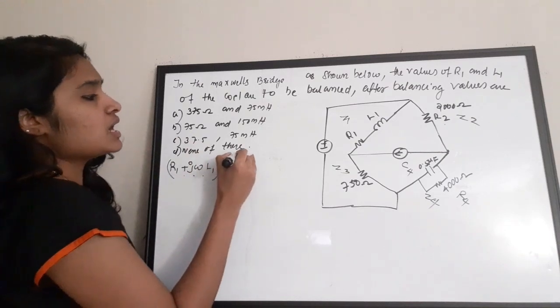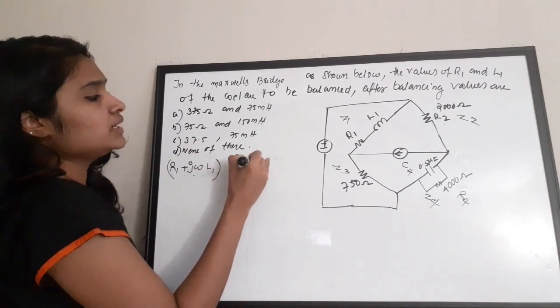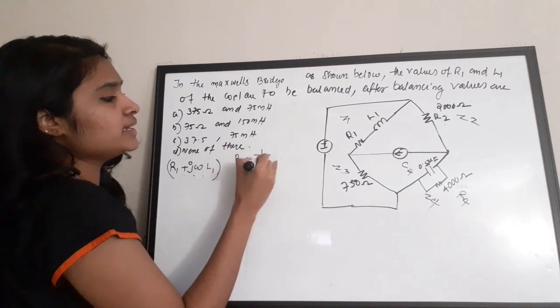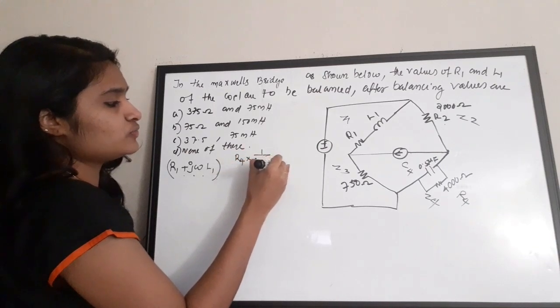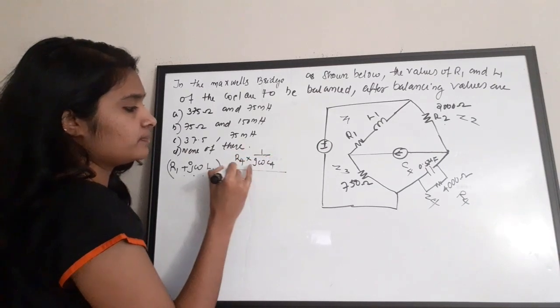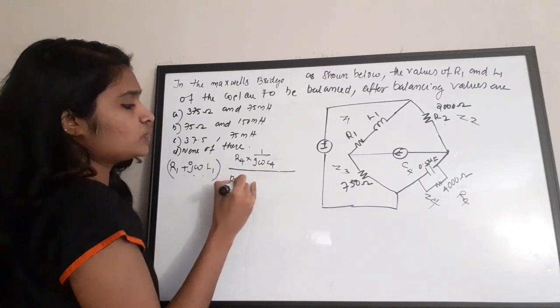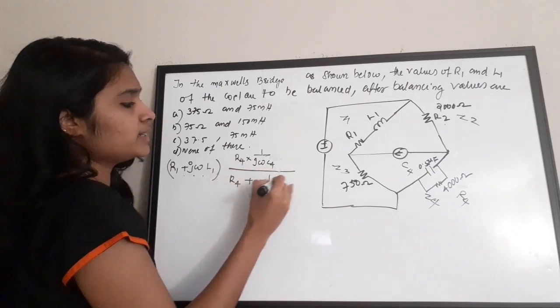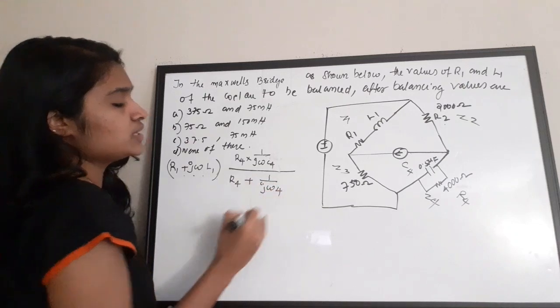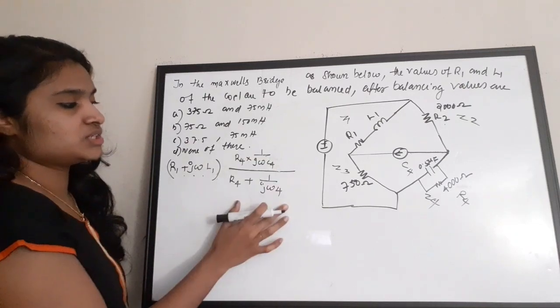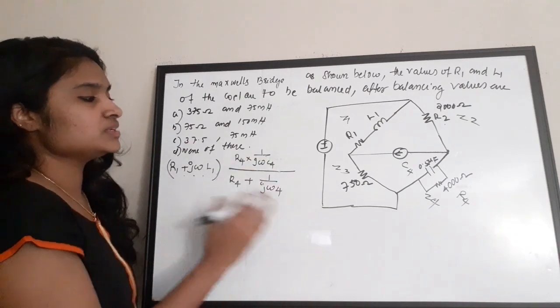So you have to apply the parallel rule there, combining the capacitor and the resistor. It is R4 into 1 by j omega C4 by R4 plus 1 by j omega C4. Now here you can do a simplification, because if you proceed further it is more complicated.